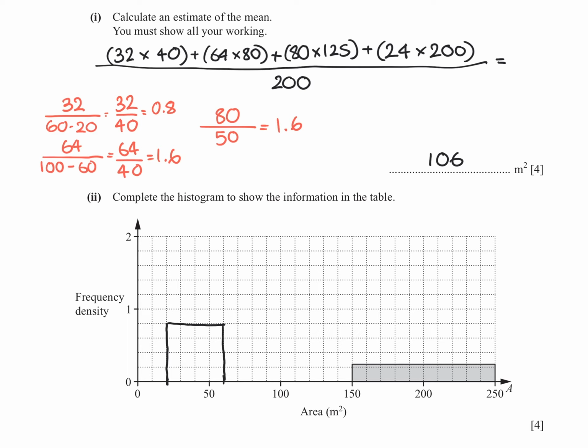The second group is from 60 to 100, so it will go up to 1.6, which is here. And then the third group goes from 100 to 150, and the frequency density is 1.6 as well, so it's going to go like this.